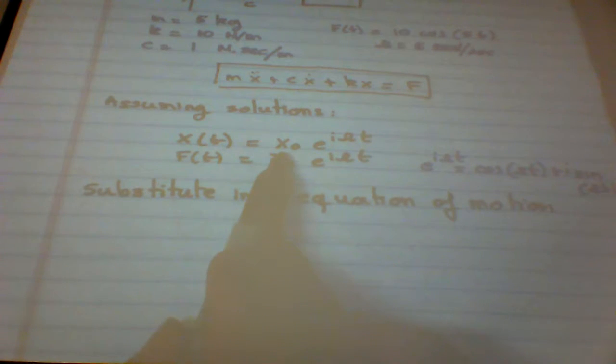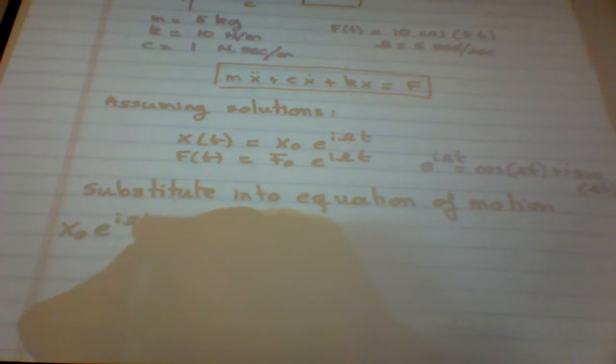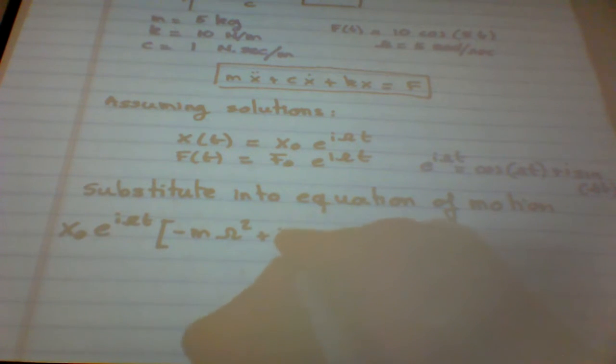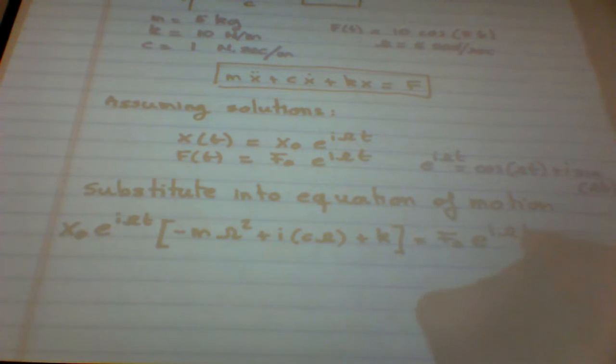So x will have in common what? X e to the i omega t. What will be for the first one? What will be x double dot? Will be equal to minus m omega squared. Now what will be the one of the damping? Plus i c omega. C omega plus k, no? And then what will be the one of the force will be F sub naught e to the i capital omega t.